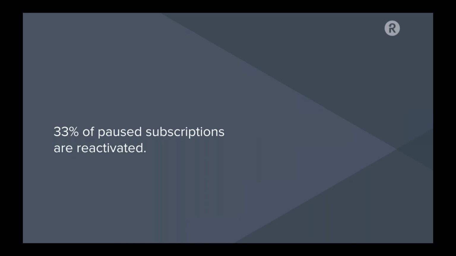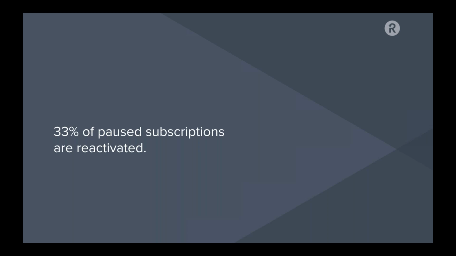So this really clarifies the need to have a strategy around pause. As you can see on this slide, we've been tracking how our merchants and their customers are behaving during this time. And the initial data from our merchants shows that one third of paused subscriptions are reactivated. So that's about 33% of customers who were going to cancel are remaining customers due to the option they had to pause. So that's really huge, right?